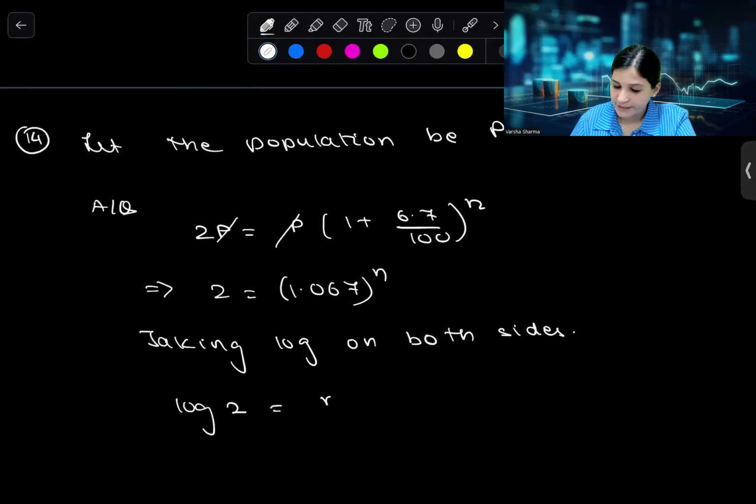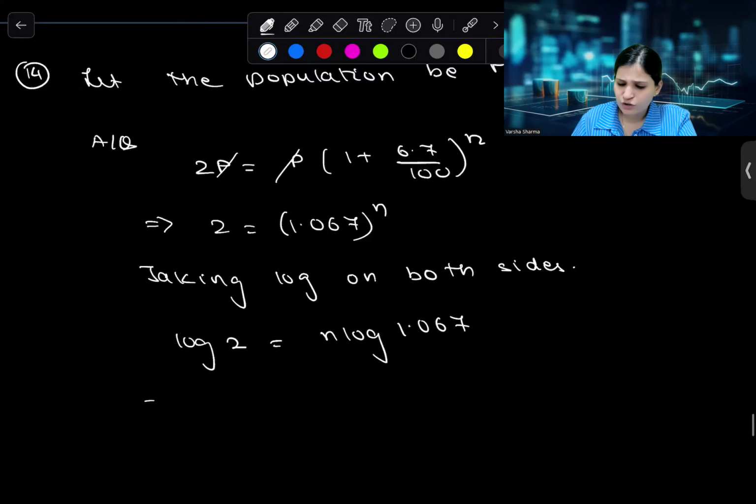Log 2 is n log 1.067. Log 2 we just calculated, 0.3010. What is the value of log 1.067?